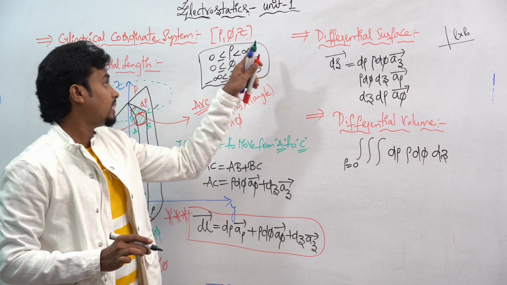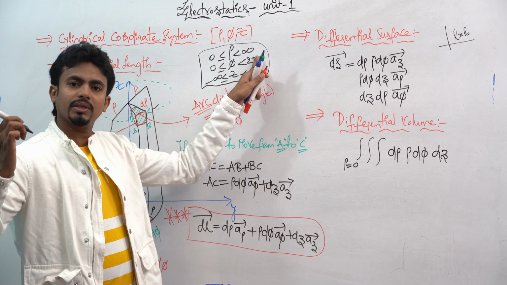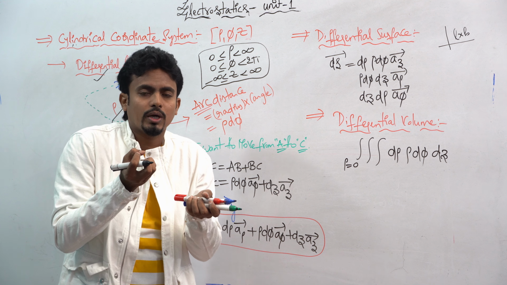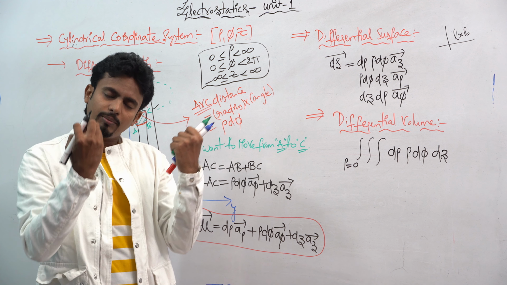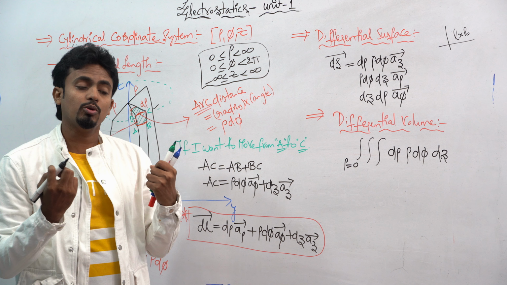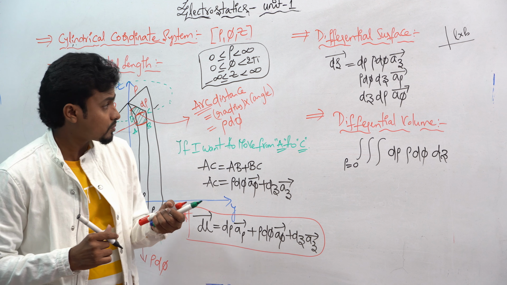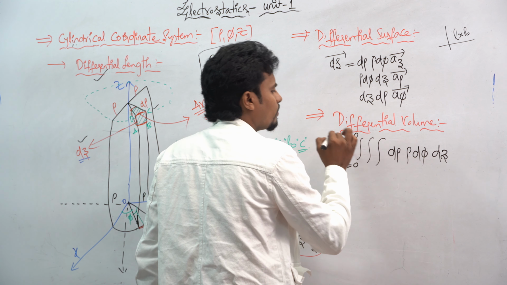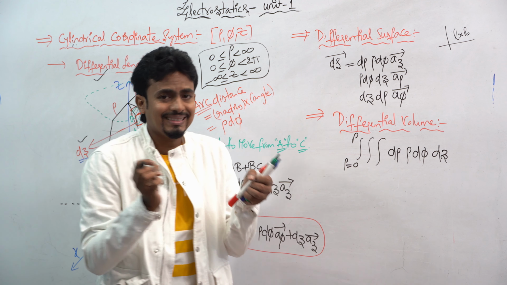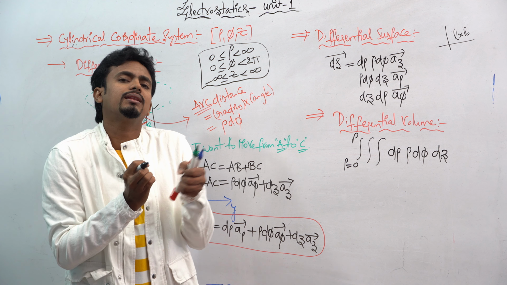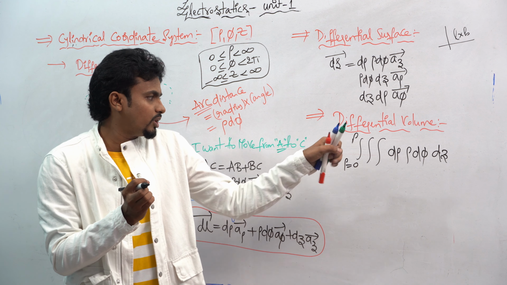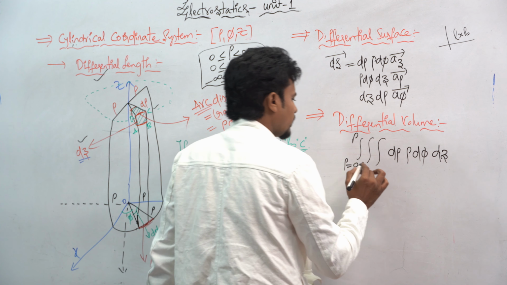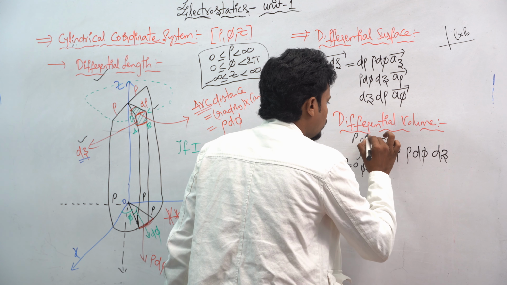But you can't take the upper limit as the maximum, plus infinity. You have to take some small volume. Since it is differential, you must limit yourself and can't take the full volume up to infinity. You have to take up to some rho. Phi is no problem, it is 0 to 2 pi.